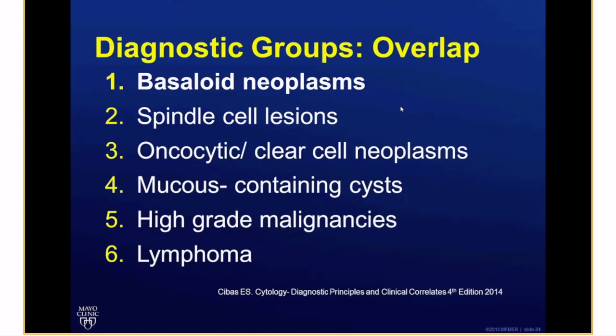For example, a pleomorphic adenoma that has a predominance of myoepithelial cells that look spindled, or sometimes myoepithelial cells can look plasmacytoid and clear and oncocytic, and then they might look like they belong to this group. So it might be a little bit hard to separate, but overall they're very helpful to at least help you sort out your differential diagnosis.